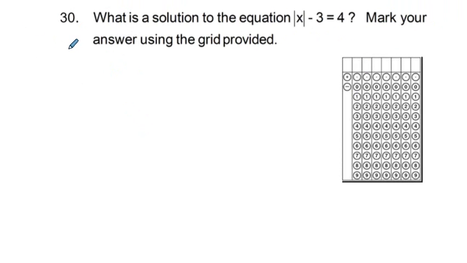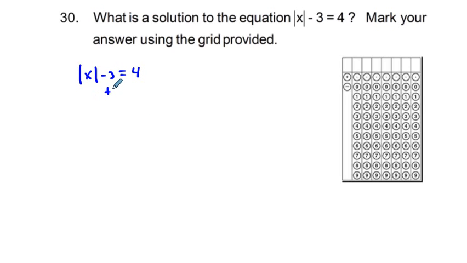And the last one we're going to look at is answer choice 30. Not very many people got this one wrong. But what is the solution to this? Let's go ahead and work it out. So we have absolute value of x minus 3 is equal to 4.